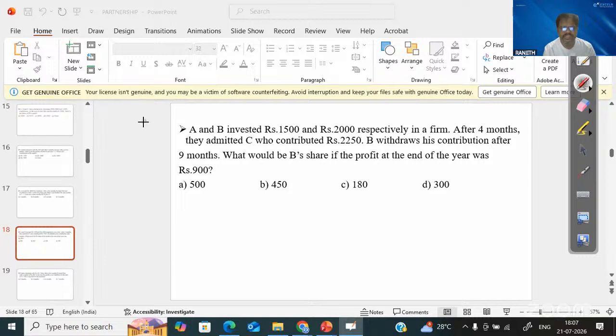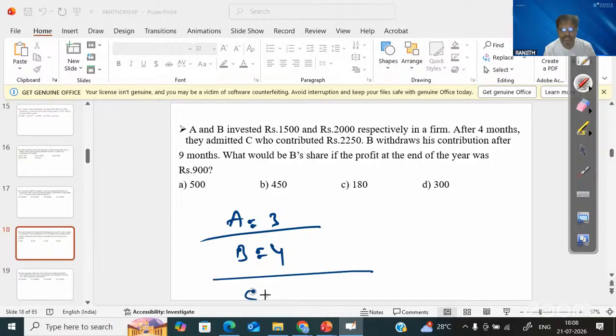A and B invested 1500 and 2000 in a farm. So A and B's investment is in the ratio 3 and 4. After 4 months, they admitted C, who contributed 2250.